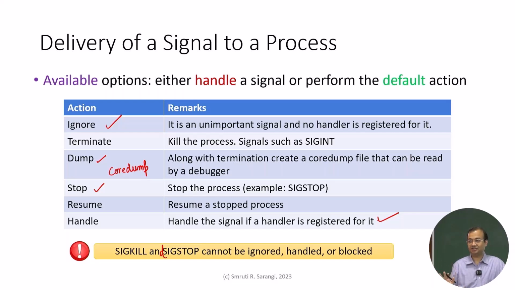The idea is very simple. In one case, regardless of everything else, I want the entire process to terminate. If that is the case, it makes no sense to ignore, handle, or block it. In the other case, in the case of SIGSTOP, I want the entire process to stop. This also is not ignorable, handleable, or blockable.